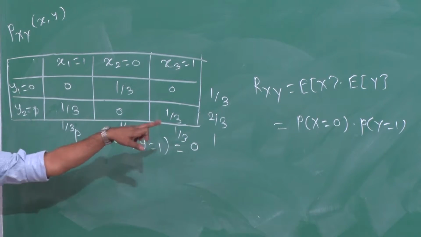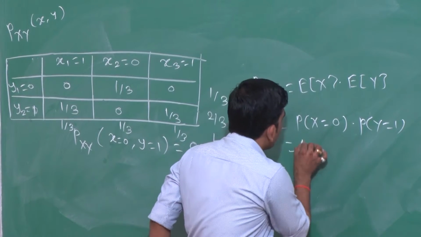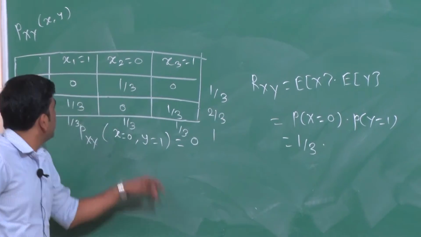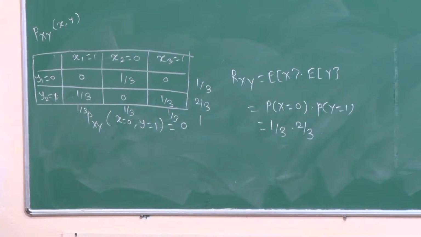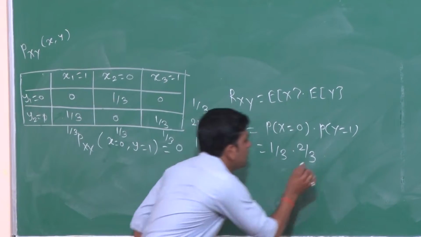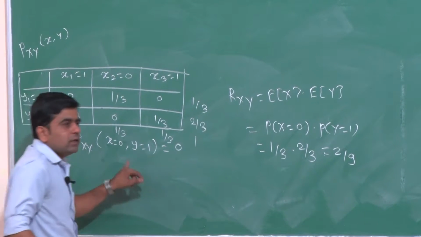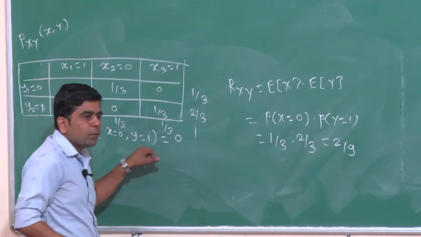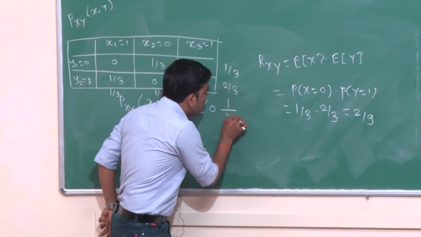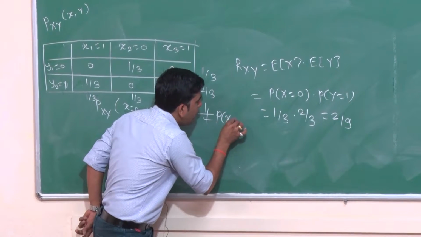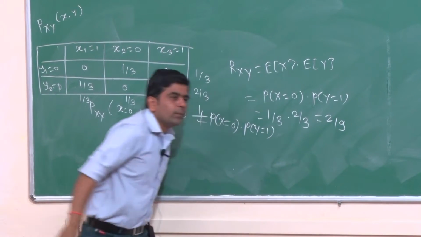Probability of x is equal to 0, this is the marginal probability, which is given as 1 by 3, multiplied with probability of y is equal to 1, 2 by 3. This will give 2 by 9. So here we will get the joint probability for this event, x is equal to 0 and y is equal to 1, that is equal to 0. That is not equal to probability of x is equal to 0 into probability of y is equal to 1.